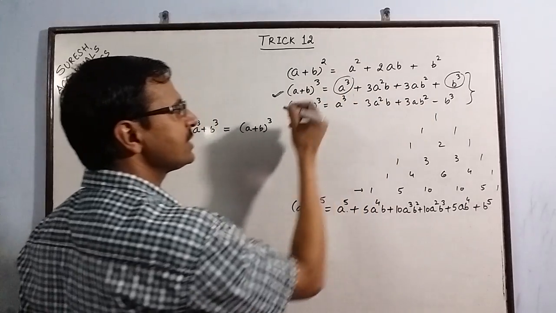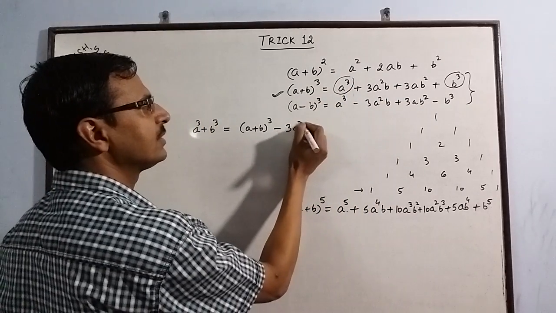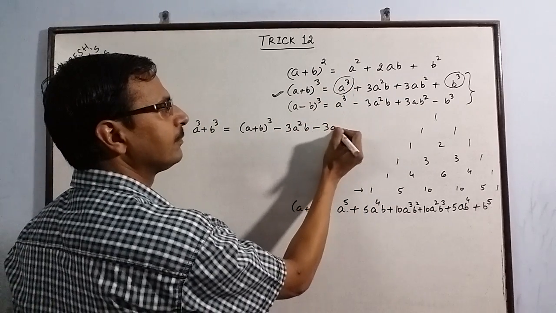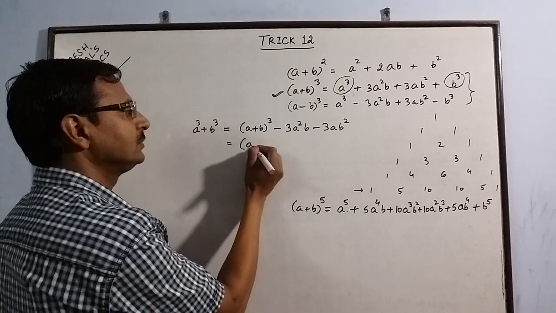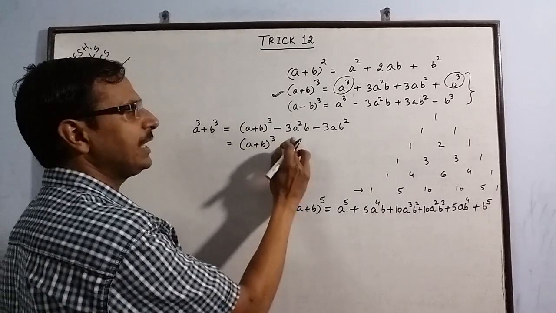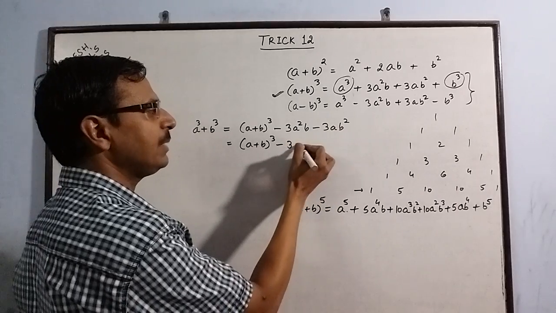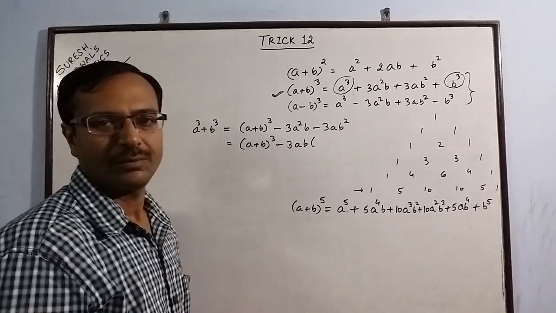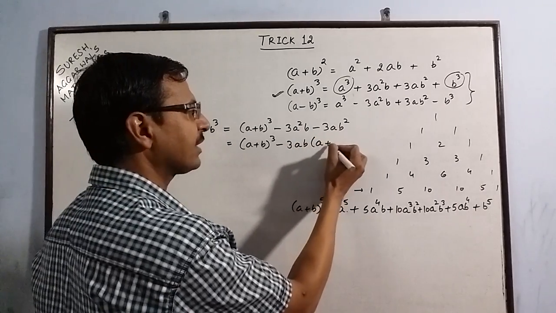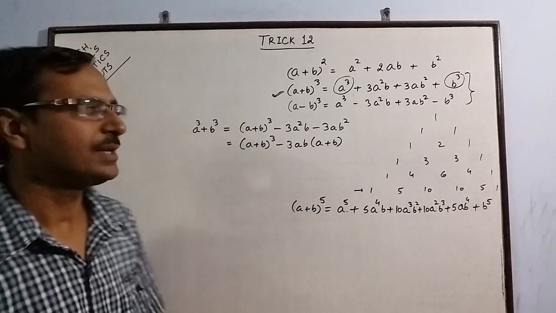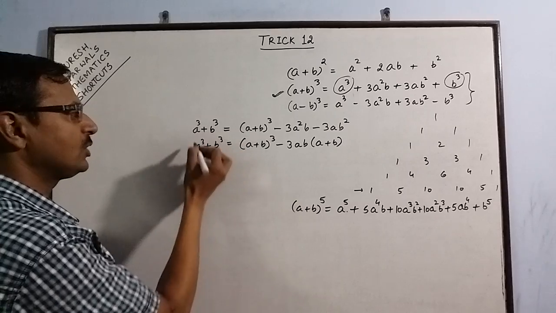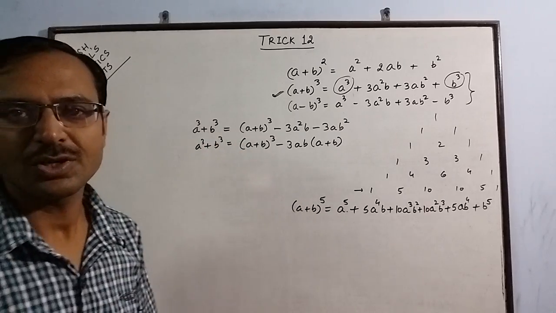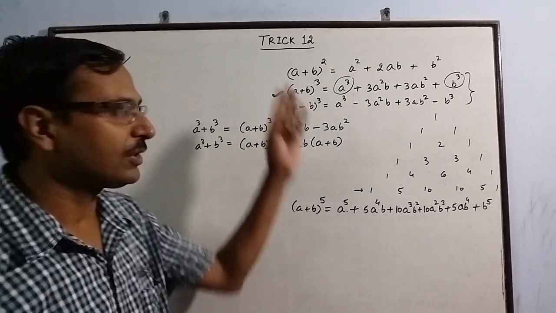We shift these two terms here, so the sign changes, and now we can take minus 3ab common, which leaves us (a + b) as a factor. This is the identity for a cube plus b cube, the first identity which we are dealing with in trick 12.